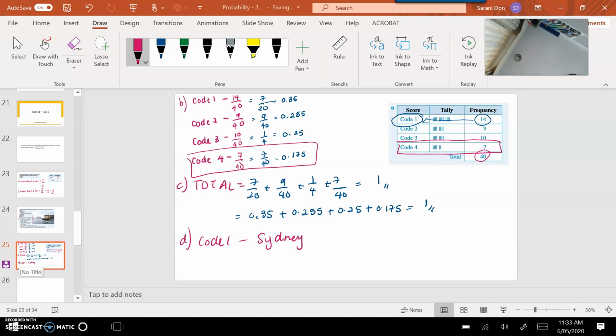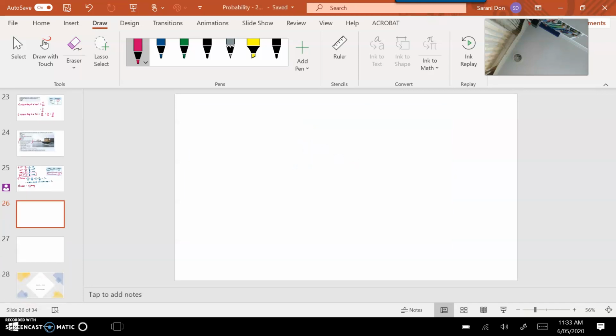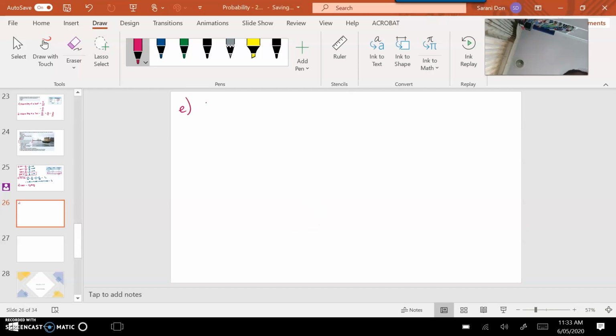So we know out of this, 7 out of 40 people were born overseas. But the question is asking, how many people out of 100 would you expect? So if we're trying to predict this, with 100 people, how many overseas, right? That's what we're trying to figure out. We know from our data that it was 7 out of 40.